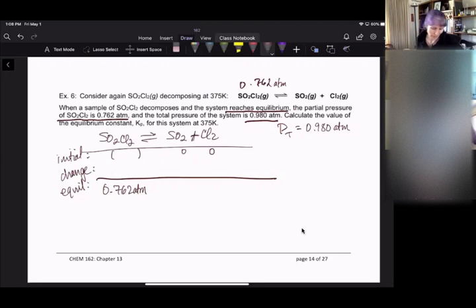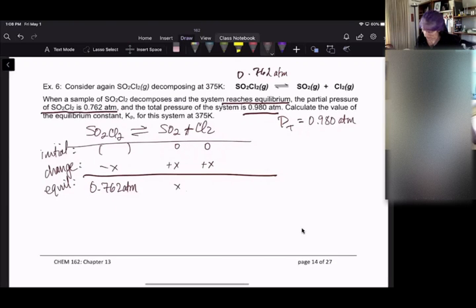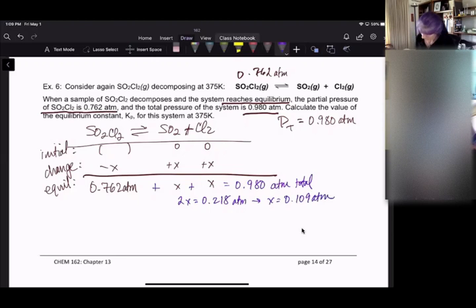But we do know how it reacts, right? The change during the reaction, some of this is going to go away, and that same amount will be produced for each of these. So at equilibrium, you'll have X atmospheres of SO2 and X atmospheres of chlorine. So the total pressure is going to be the sum of these guys. What we're looking for is the Kp.